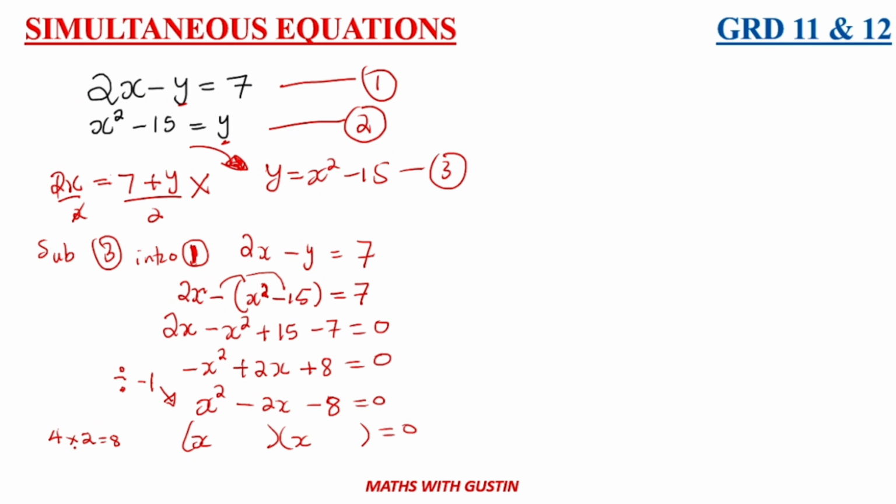Then when you add or subtract these two numbers, 4 minus 2 will give us 2. So negative 4 times positive 2 will give us negative 8, and when you add them together, they will give us negative 2. So therefore minus 4 plus 2.